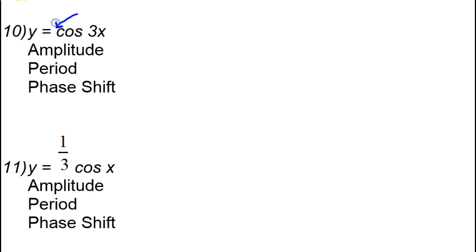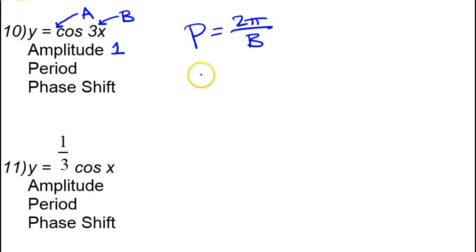The A value would be right here. The invisibility of the A value tells me that it's a 1. So the amplitude is going to be 1. Right here is my B value, and the B value controls the period. So the period is always equal to 2 pi divided by the B value.